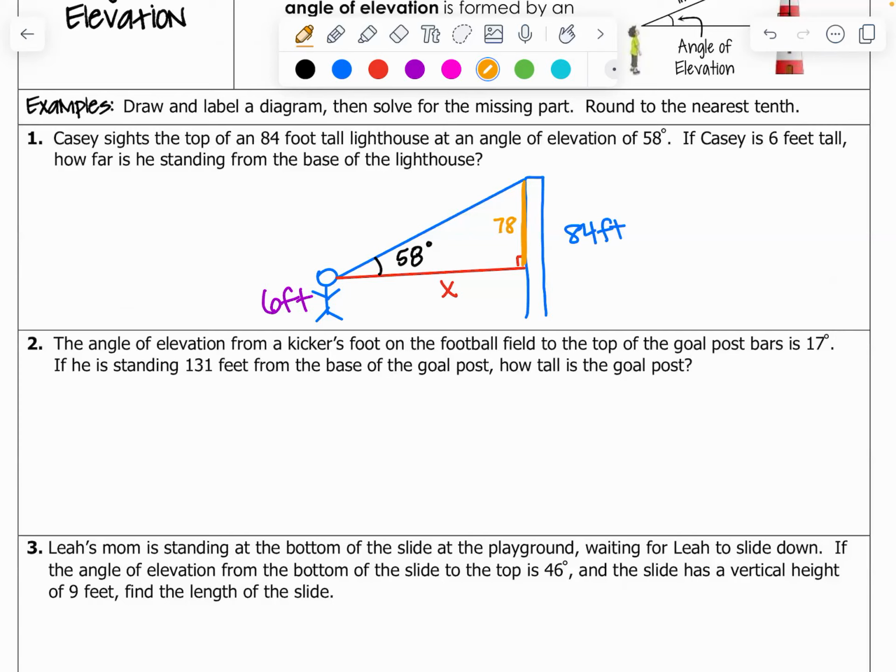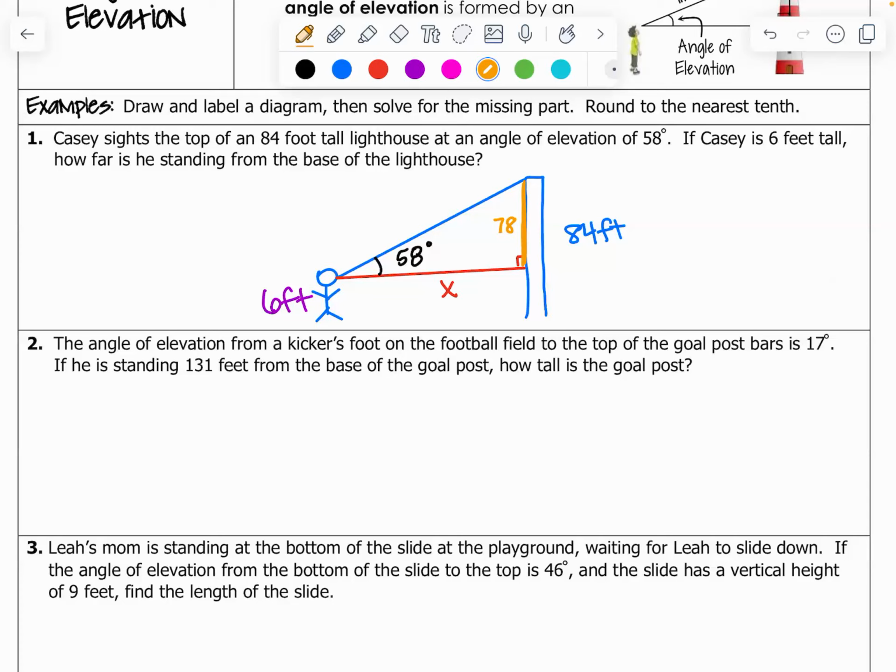Casey is 6 feet tall. Is this actually 84 minus 6? If this is 6, then the rest of it is 78. She's only seeing 78 because her eyesight would be 6 feet up. From her eyesight, she looks up at a 58-degree angle.